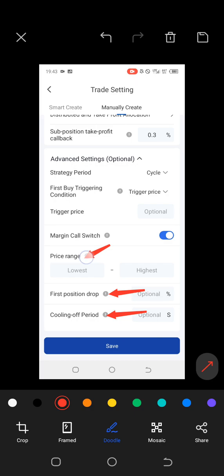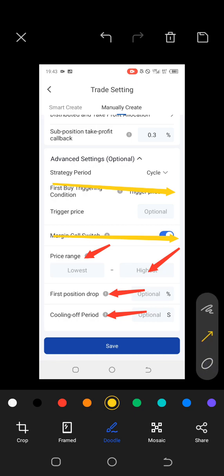Yes, we actually added this price range, it was recently added, just a few days ago. So we have the low and the highest price, where you just want the robot to trade within the price range.